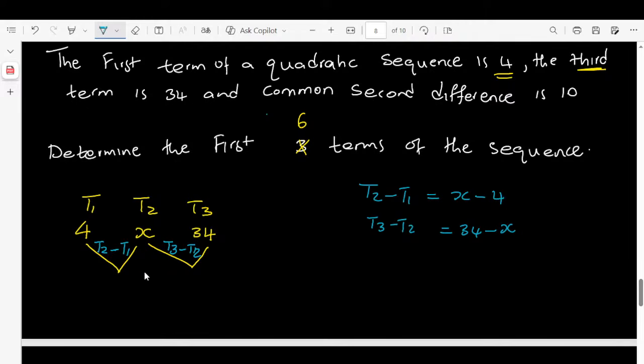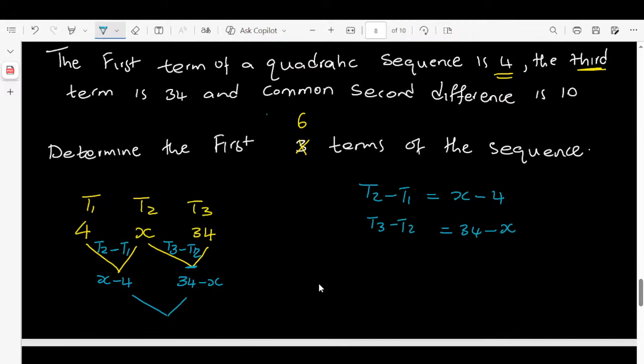Now, the second difference will be whatever we get here, which is what? T3 minus T2 should be 34 minus X, and this one should be X minus 4. So now to find the common difference, we need to minus these two.